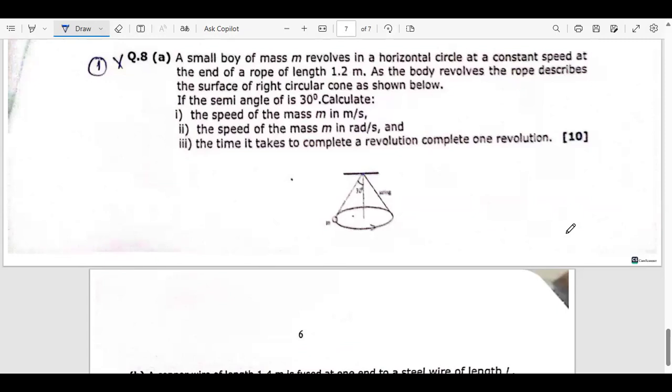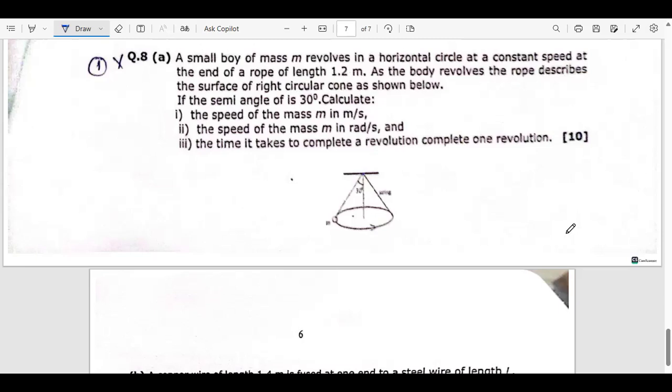If the semi-angle is 30 degrees, calculate the speed of the mass m in meters per second, the speed of the mass m in rad per second, and the time it takes to complete the revolution.